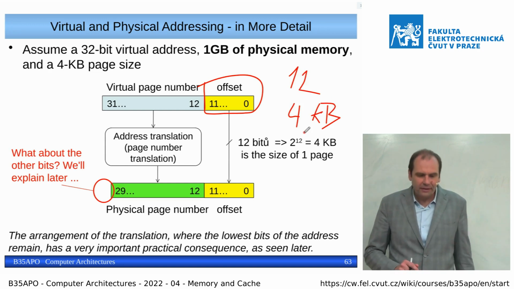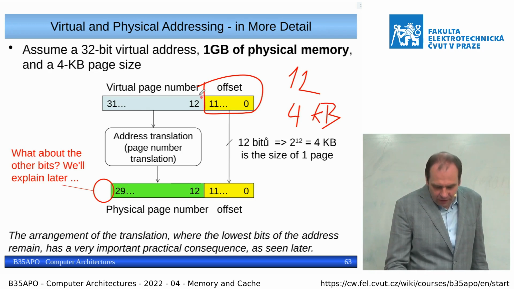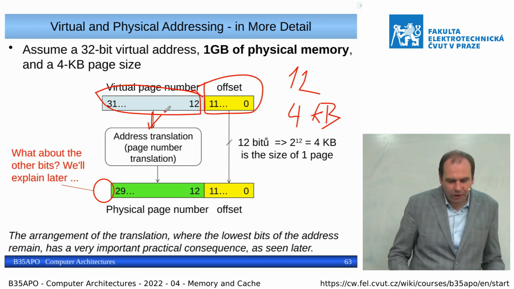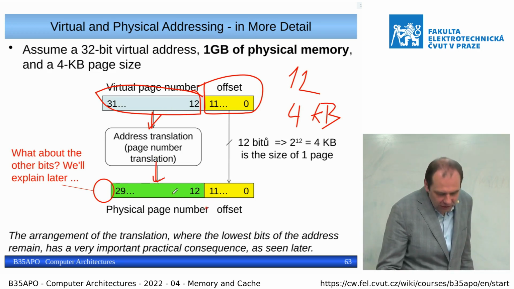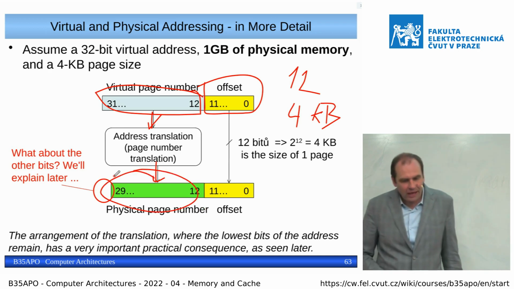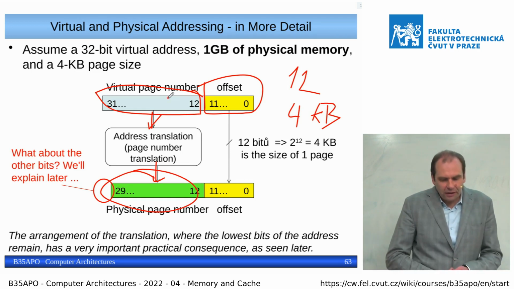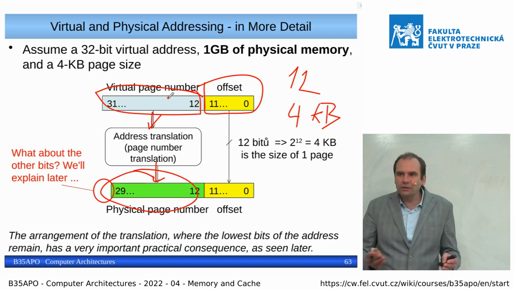And in this case, we have 20 bits which we need to translate from the virtual page number to the physical page number, or to the physical page frame. And even such a table which needs to translate 20 bits, what is the size of such a table?